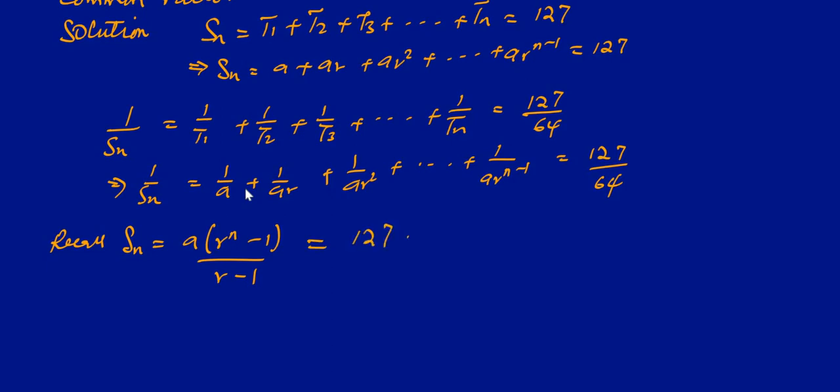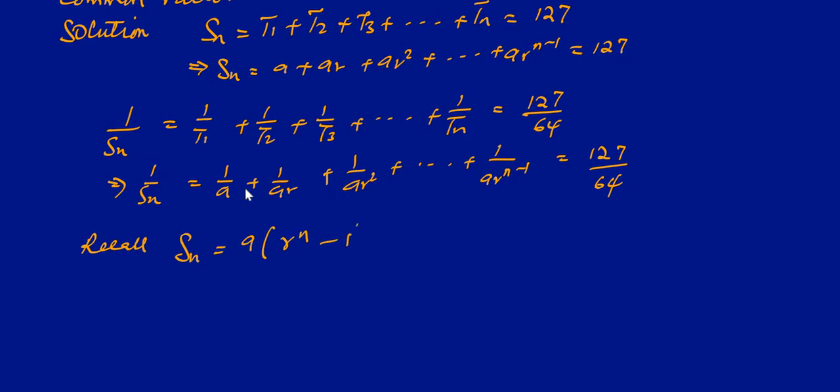So Sn will be equal to A bracket R raised to the power of n minus 1 all over R minus 1. This will be equal to 127. That's equation 1.